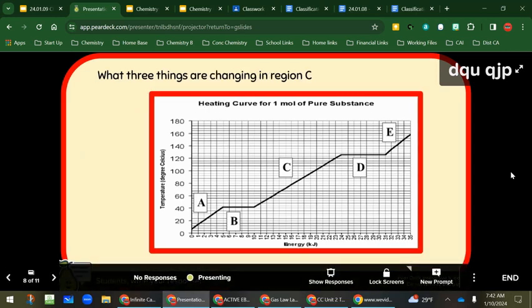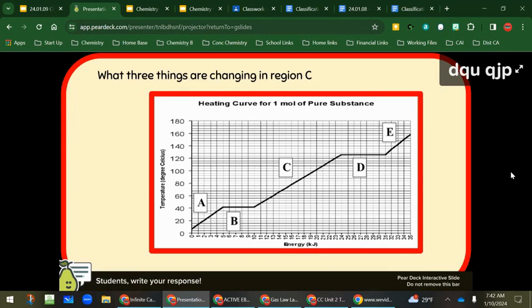What are three things that are changing in region C? Now in this area, what things are changing? Okay? And there may be about four or five things that are changing in that area.